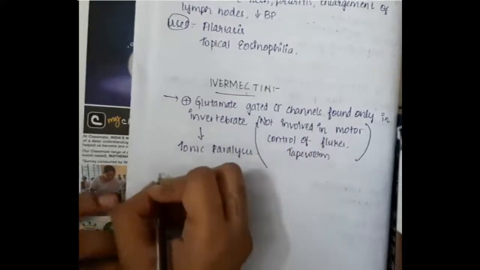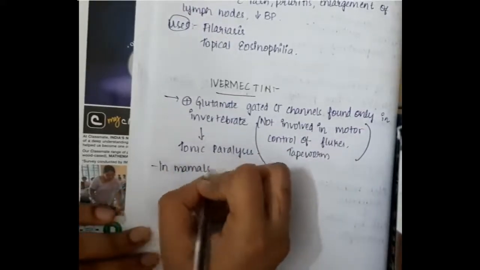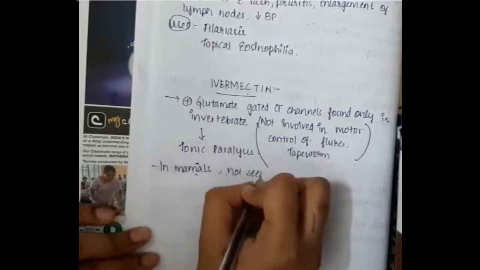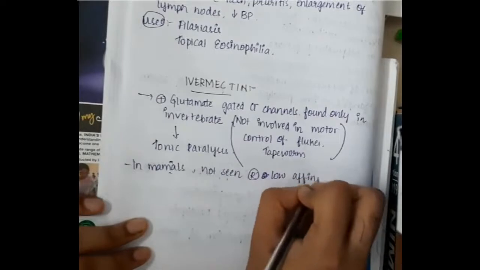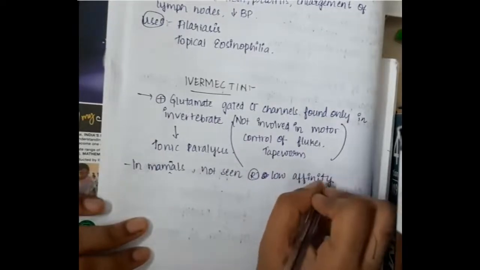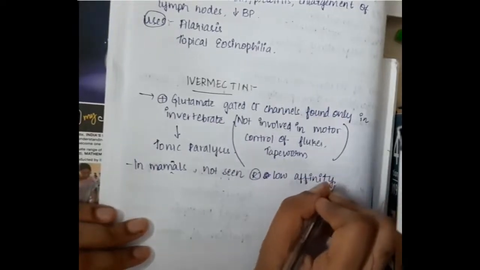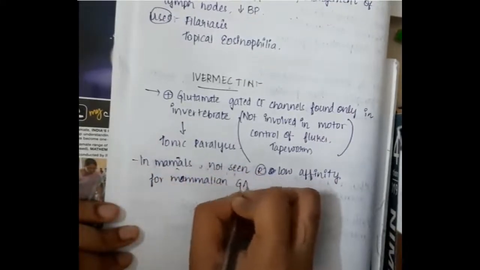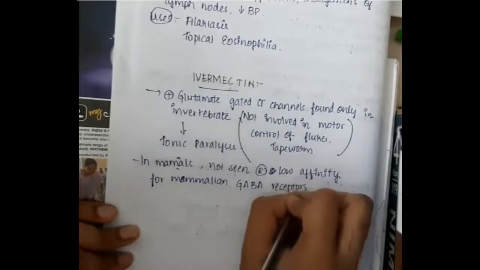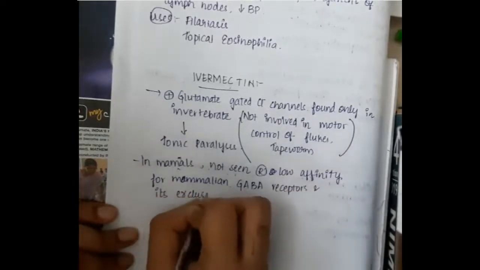It results in tonic paralysis, and in mammals this tonic paralysis is not seen because ivermectin has low affinity for mammalian GABA receptors. They have very low affinity for mammalian GABA and glutamate receptors. So it does not have any effect on mammals.